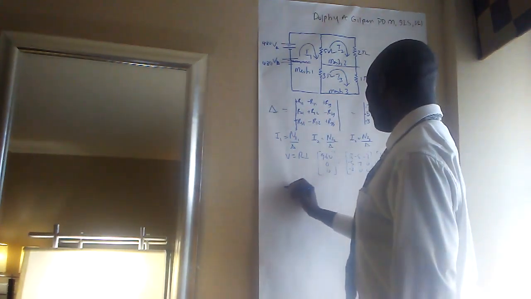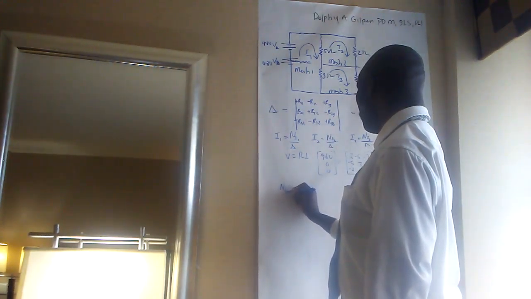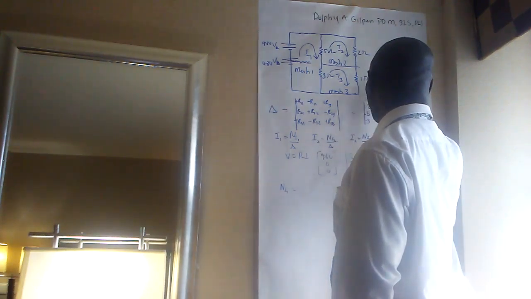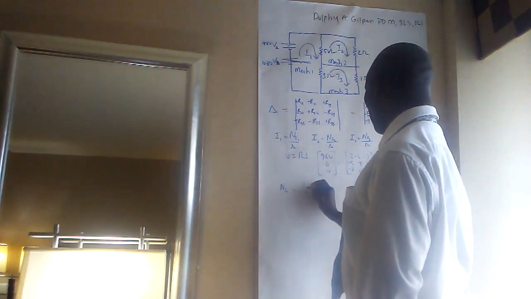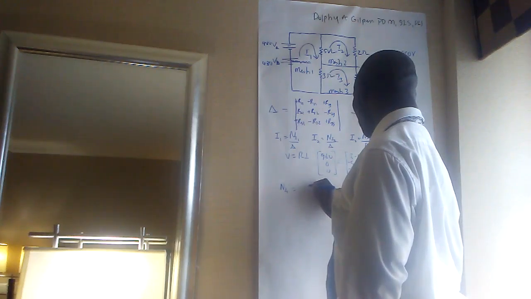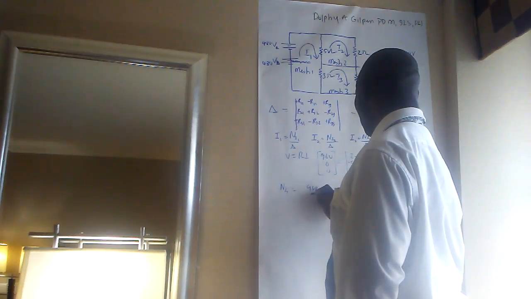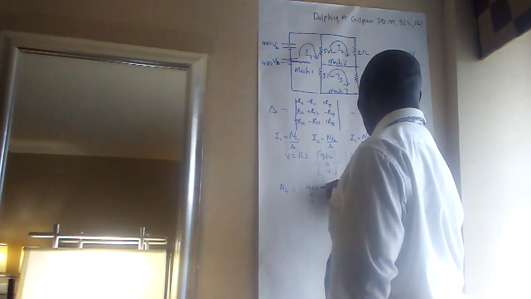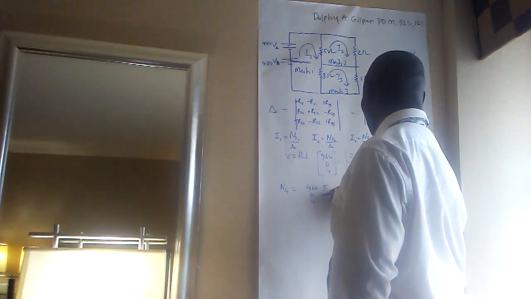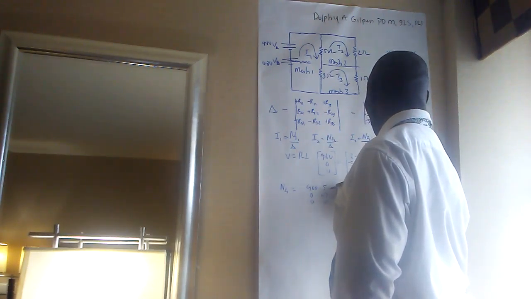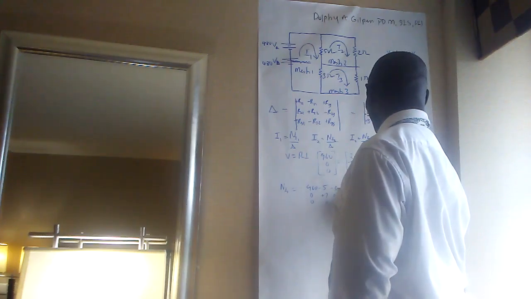So we say now that Ni1 was equal now to, we replace the voltage values of this one, which would be equal now to 960, 0 and 0, minus 5, plus 7, 0, minus 3, 0 and 4.